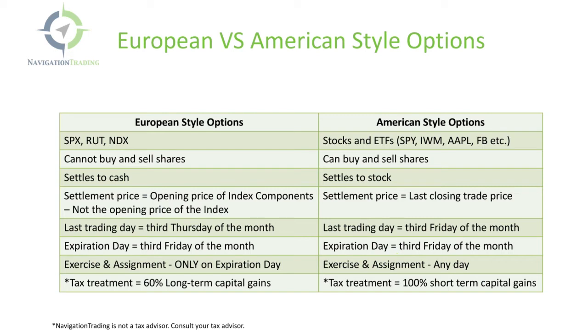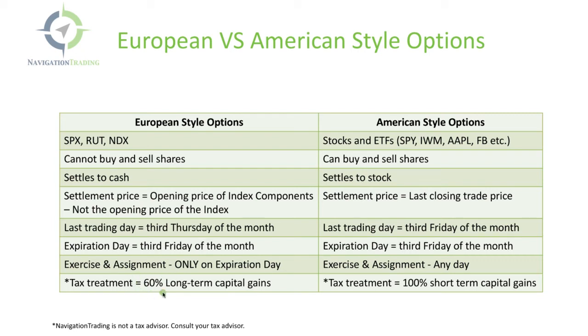Lastly, and this is a big deal. Now, we don't trade different symbols just because of the taxes. If it doesn't make sense, we're not going to trade it just for the tax benefits, but this is a huge bonus. And here's how that works. When you trade SPX and RUT and NDX and these European style options, your tax treatment on your profits is different. And the way that it's different is on your profits, 60% of that profit is taxed at the long-term capital gains rate.